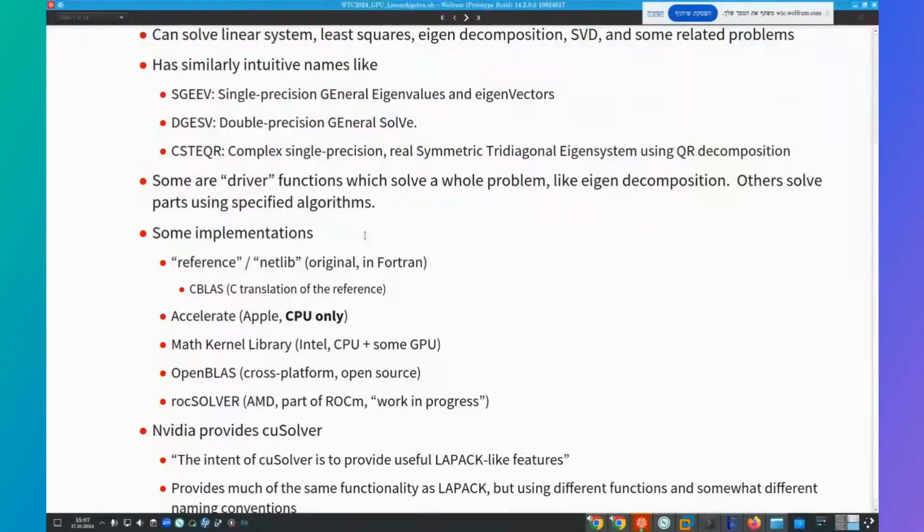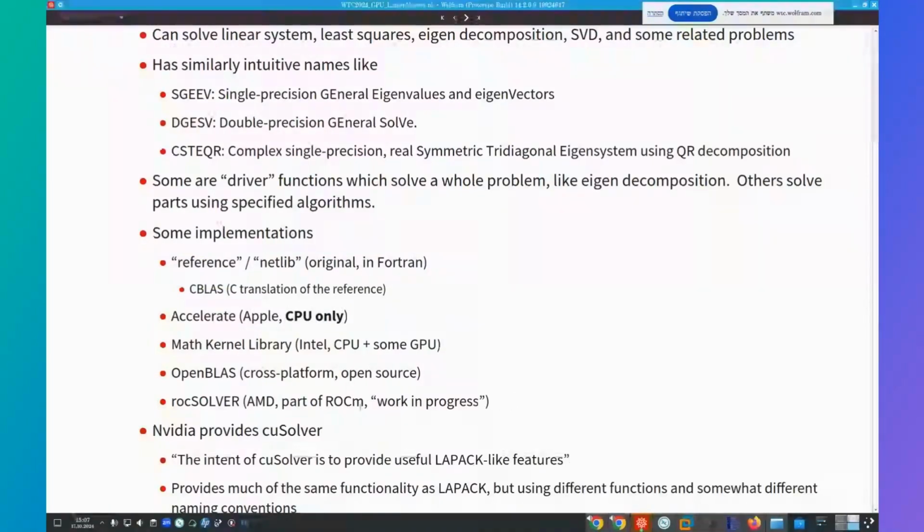So again, if we look at implementations, we have a lot of the same implementations. We have the original one. We have Apple Accelerate, which again, CPU only. We have Intel's MKL. We have OpenBLAS. We have ROC Solver, which is for AMD and is a self-described work in progress.